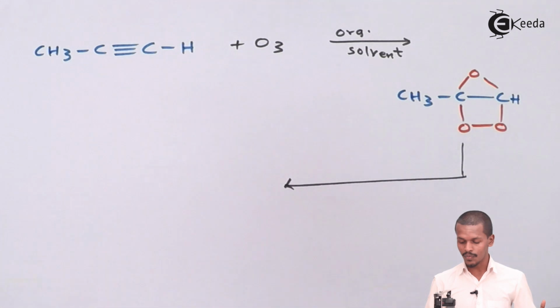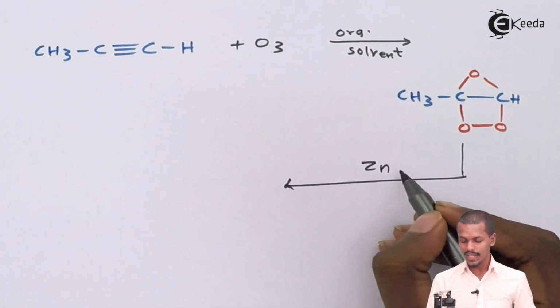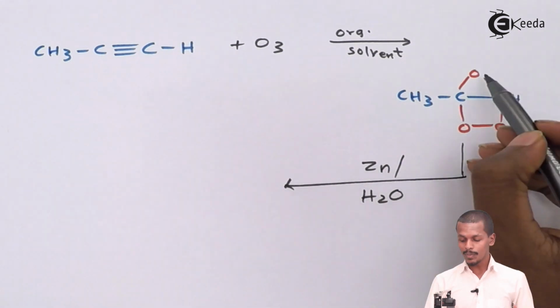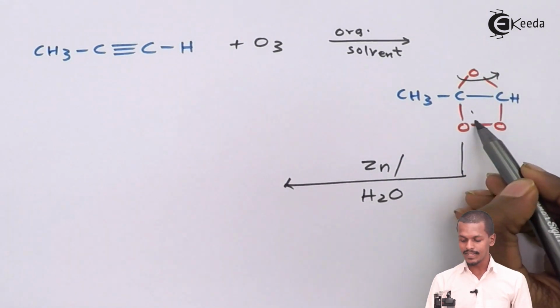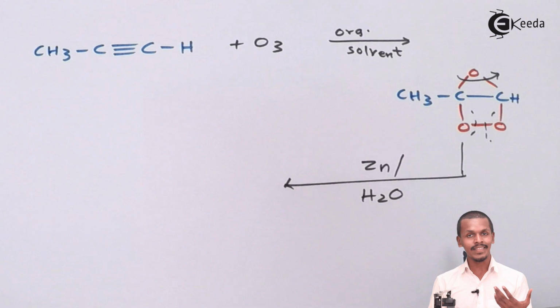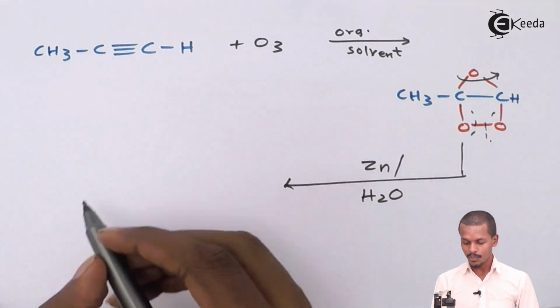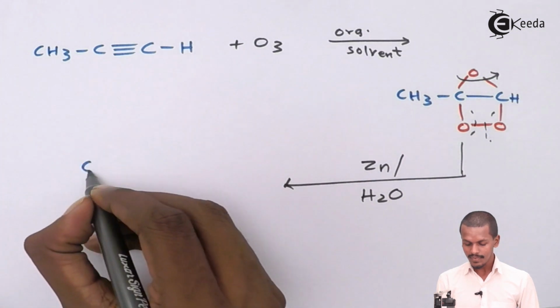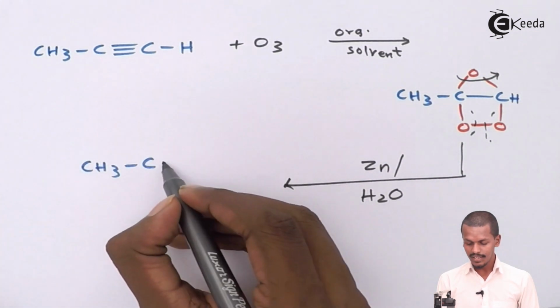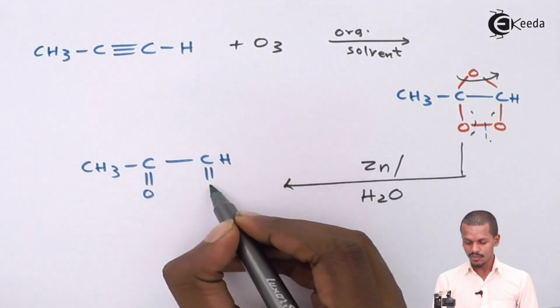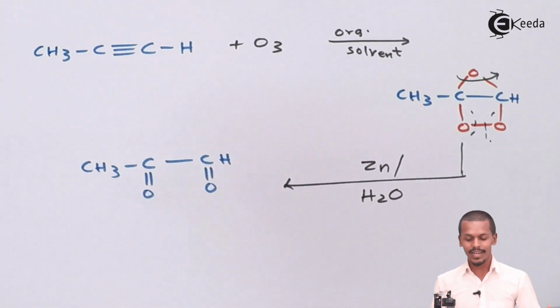The reaction would not be concluded unless we use zinc. So therefore zinc is what we will use, and that also in presence of H2O. Because of which the zinc would be successful to remove this oxygen, while this would undergo the hydrolysis process, and in this case the bond breaking would take place, and that is the reason that we could get the product like CH3 C. Here it would be CH, while here it would be double bond O, and again here it would be double bond O, making this to be called a glyoxal.